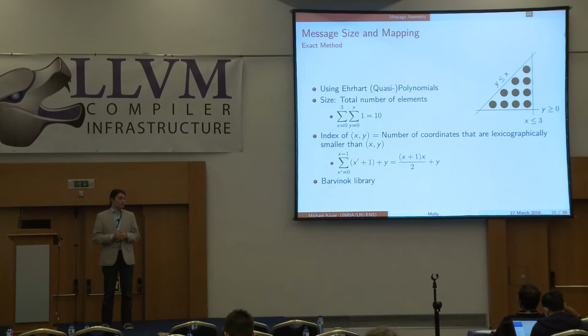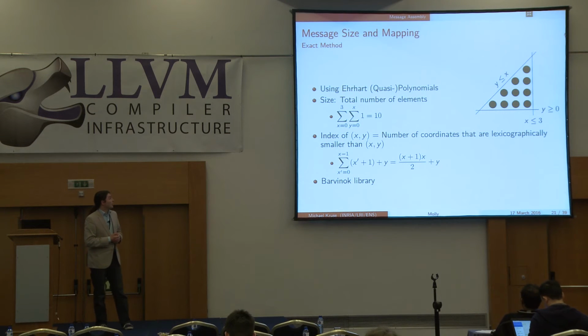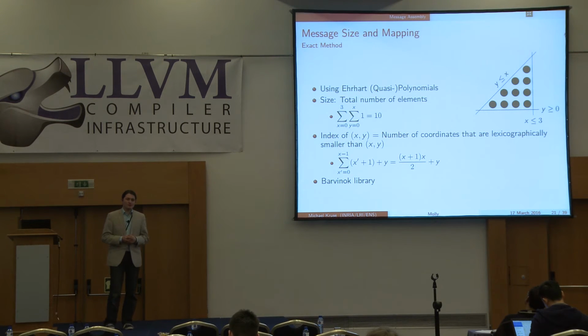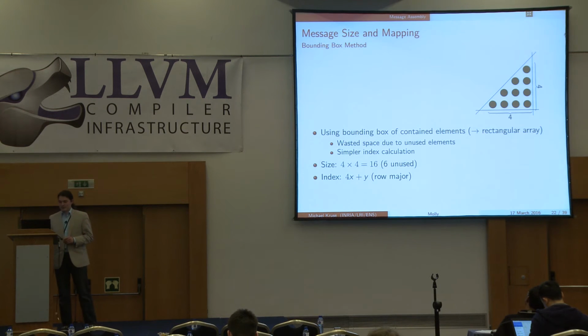There's an optimal solution, which counts the number of indices and would result in expressions, so-called Ehrhart quasi-polynomials, which can get quite complicated. For all of my problems, it was actually enough to have square buffers.